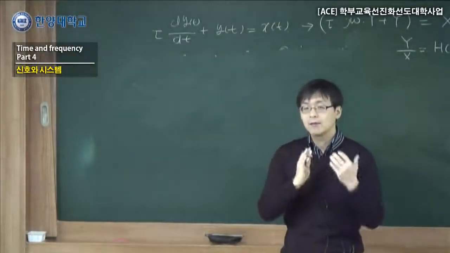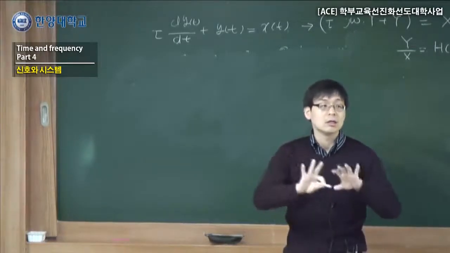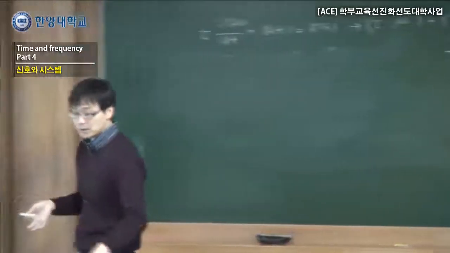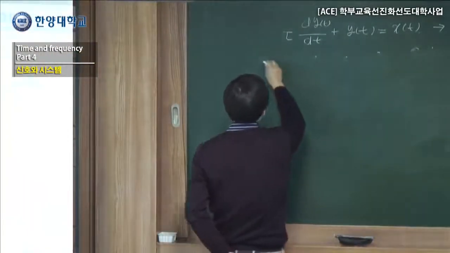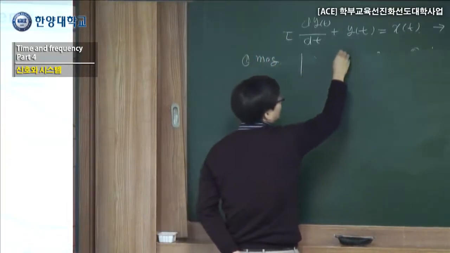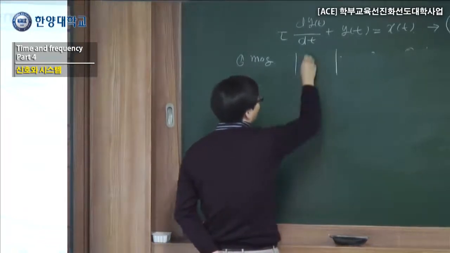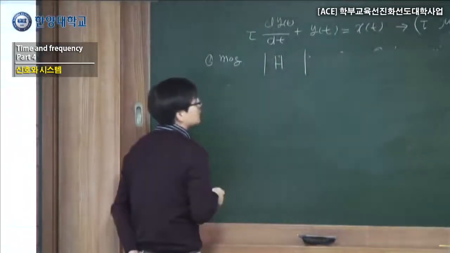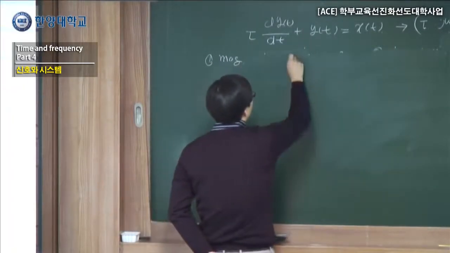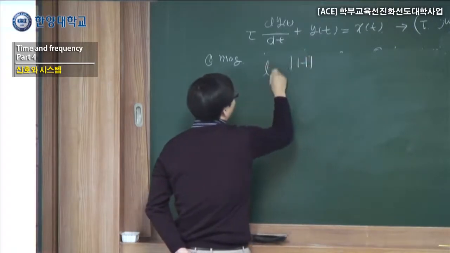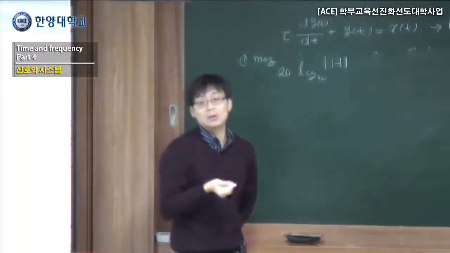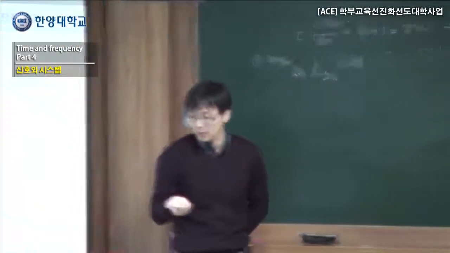We calculate phase and magnitude individually and plot them. In the magnitude of the Bode plot, we put the absolute value of the system response, and then we put log 10, and put 20. That's our Bode plot, to get the amplitude of the Bode plot.